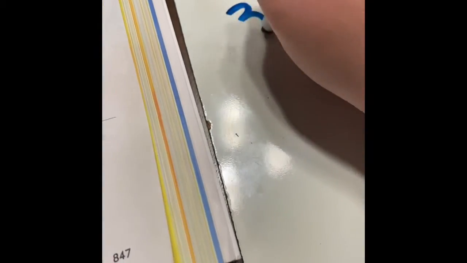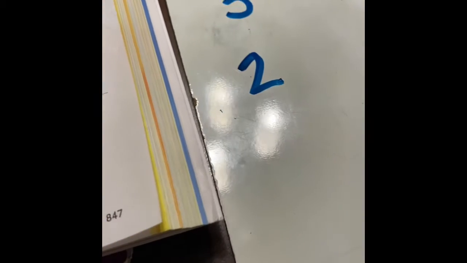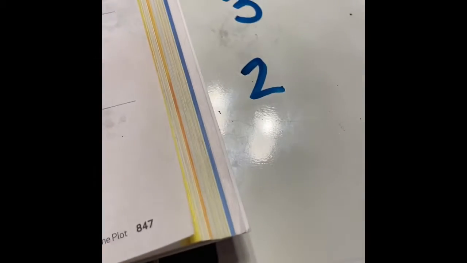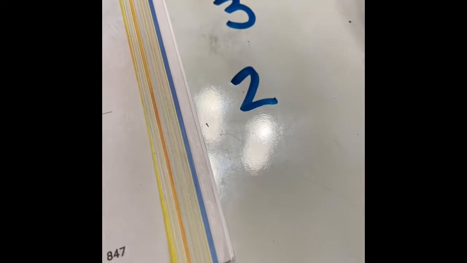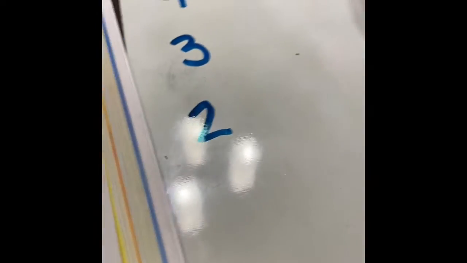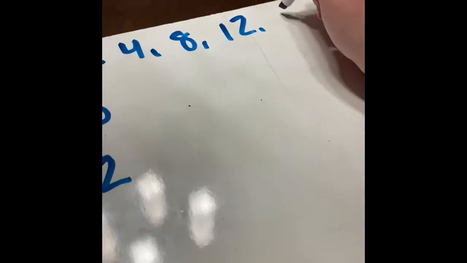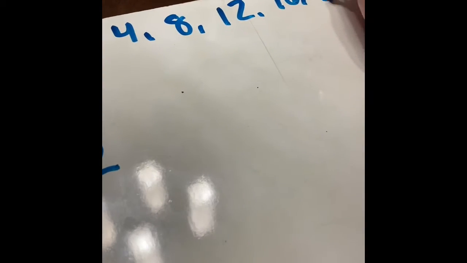So I have a 4 as a denominator, I have a 3 as a denominator, and I have a 2 as a denominator. So for 4: 4, 8, 12, 16, 20, 24.